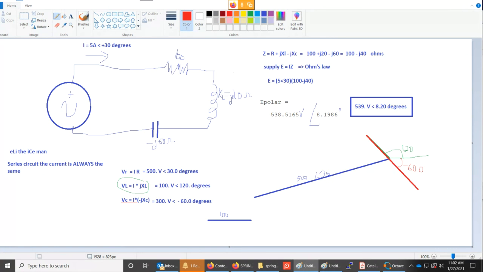And now if we pick some other color for E, this is my voltage E over here. And I draw this line here. This line is going to be 539 with an angle of, I can't draw this very straight, 8.2 degrees.